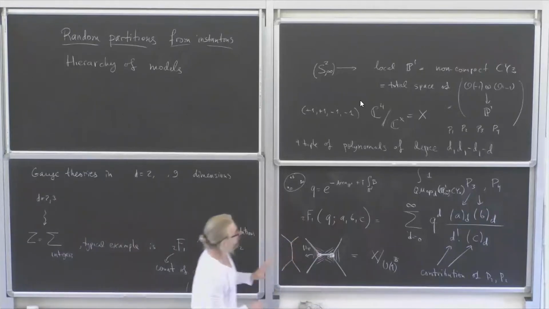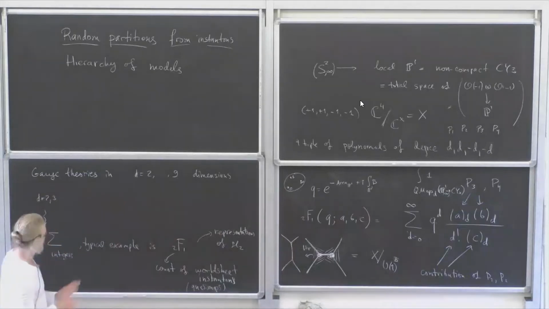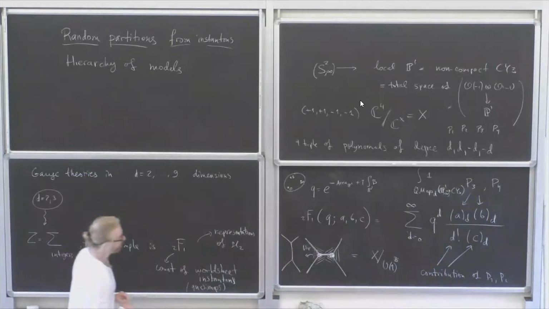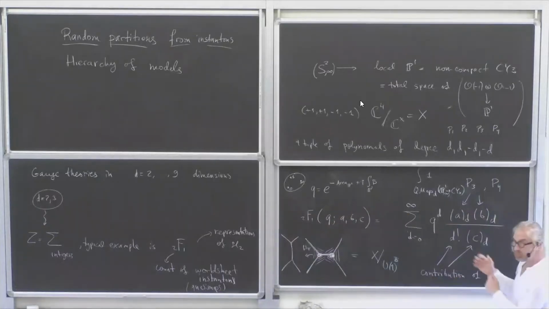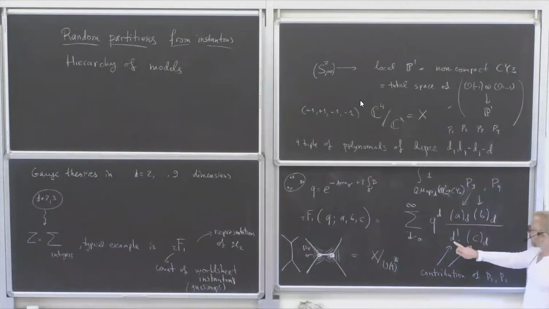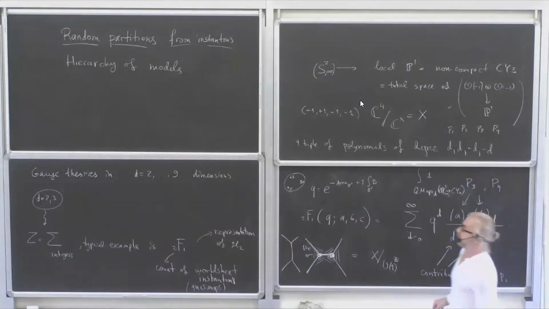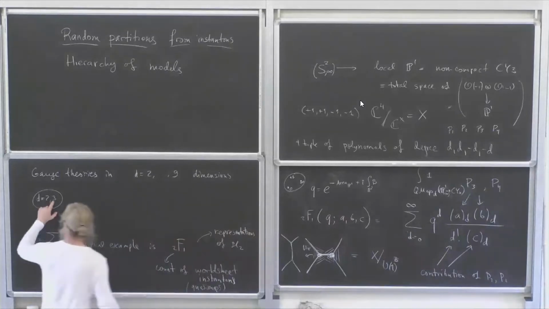Okay, so that was just a warm-up example. This is what you get in dimensions 2 and 3. This is the partition function of a typical two-dimensional supersymmetric gauge theory. If you replace factorials and Pochhammer symbols by the Q analogs, that's what you'll get by going up in dimensions.